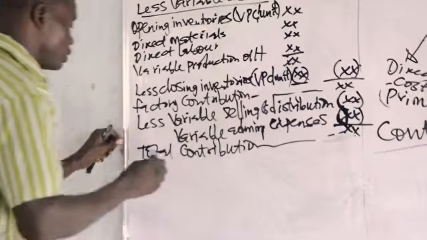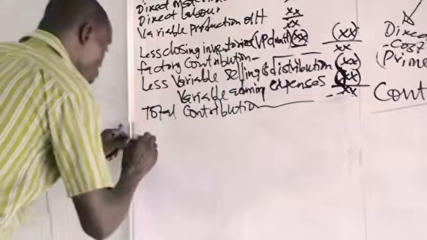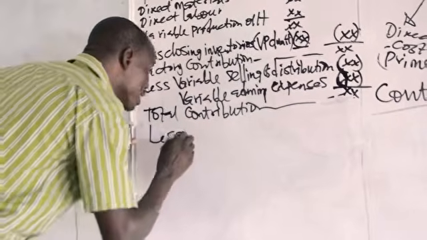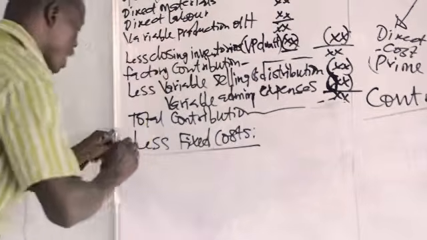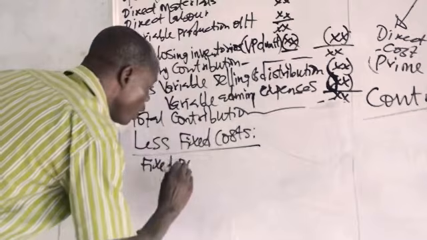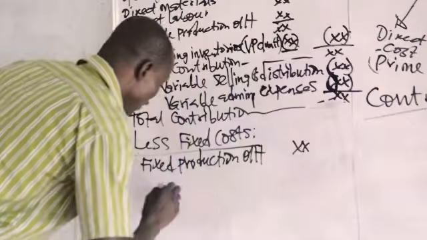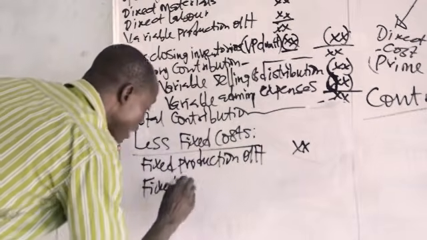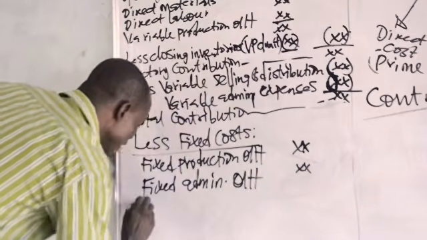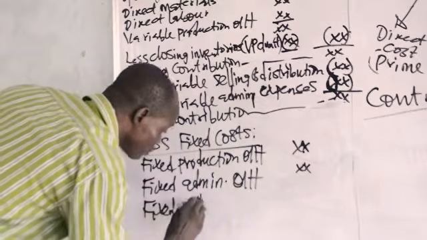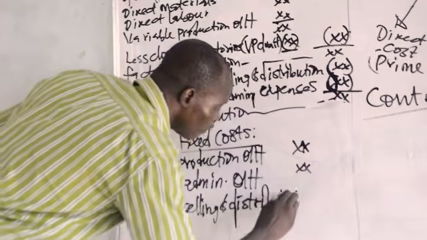You now less. I've told you that your fixed cost will be treated as the cost of the period. So it is at this juncture that you less all your fixed costs. You can have fixed production overheads, fixed administrative overheads, fixed selling and distribution overheads.